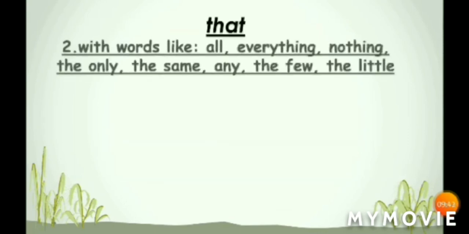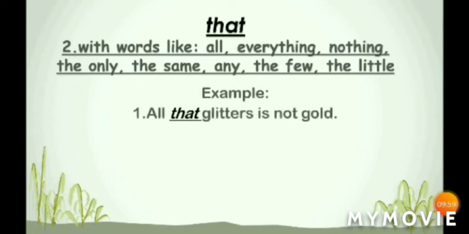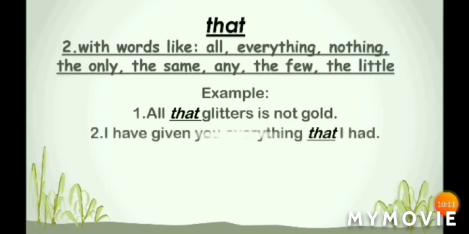We use that with words like all, everything, nothing, the only, the same, any, the few, the little. Let's understand with some examples. All that glitters is not gold. If you say all which glitters is not gold, or all who glitters is not gold, it is wrong. So it is that. Number 2, I have given you everything that I had. Everything is there, so that is the perfect choice.